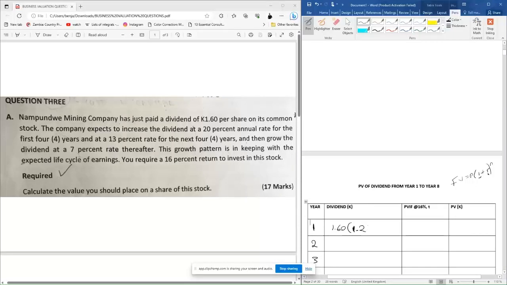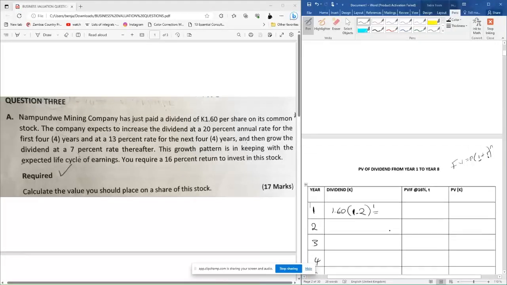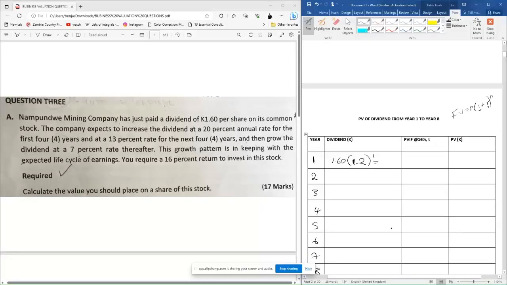So 1.2 to the power n, this is the first year, so this will be to the power 1. All right, we are going to have to calculate that. And then when we multiply the two, right, what are we going to have? We're going to have 1 kwacha 16 gwe multiplied by 1.2 to the power 1.